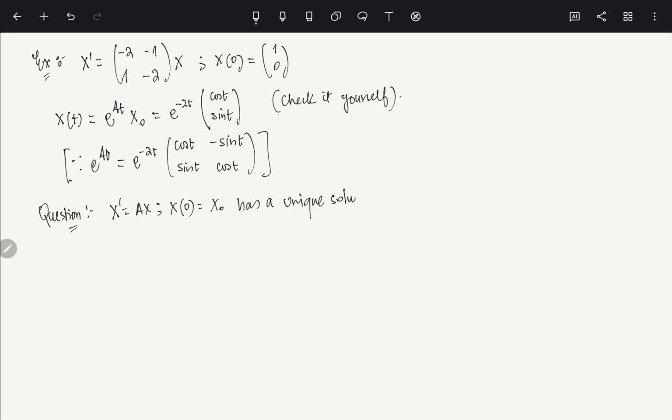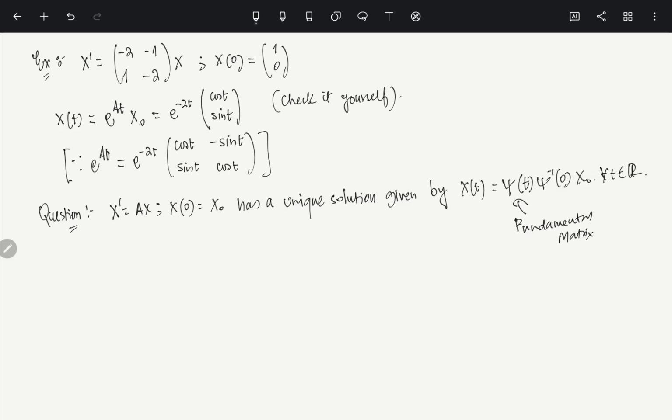The solution in terms of the fundamental matrix is given by x of t, which is phi of t, the fundamental matrix, phi inverse of 0 times x naught, right? That we know. Okay, so phi is a fundamental matrix. And you can show that this holds for all t in R.